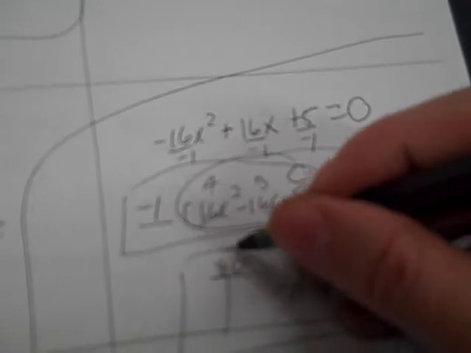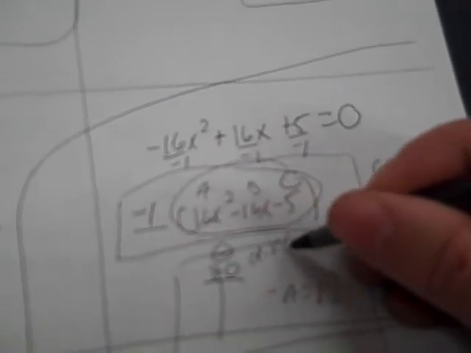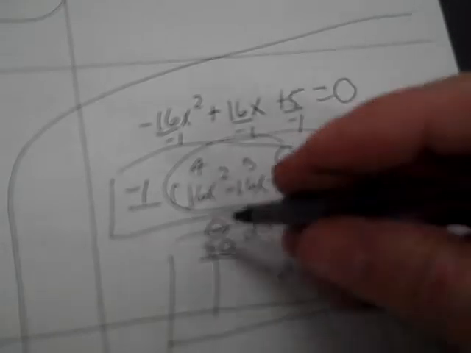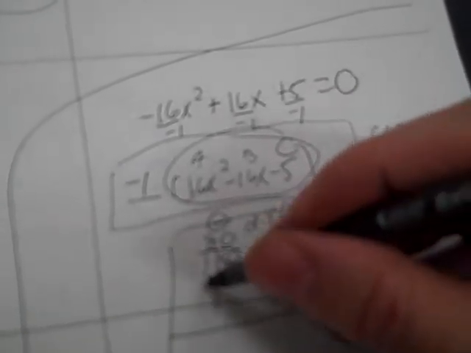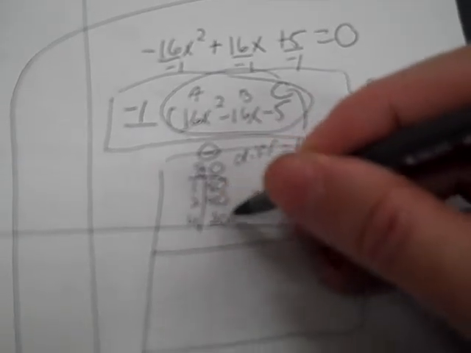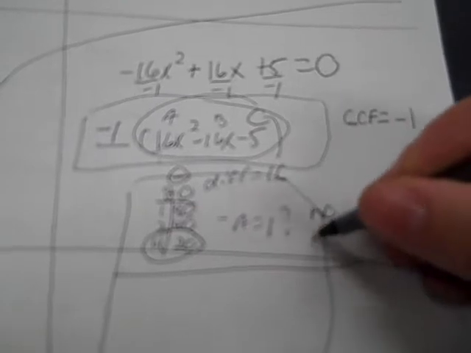Okay, so I'll run my chart from here. 16 times -5 is -80. Difference of 16. Okay, so 1 and 80, that's 79. 2 and 40, no. 3 is a decimal. 4 and 20, yeah, 20 minus 4 is 16. So is A equal to 1? No. A is equal to 16.